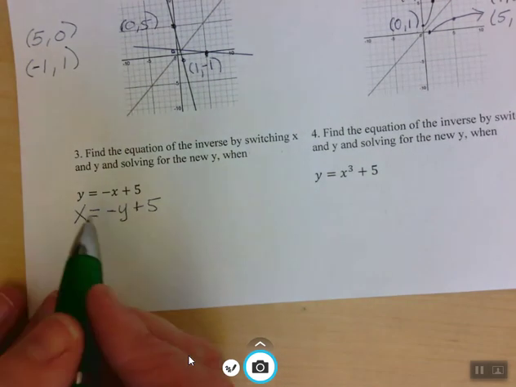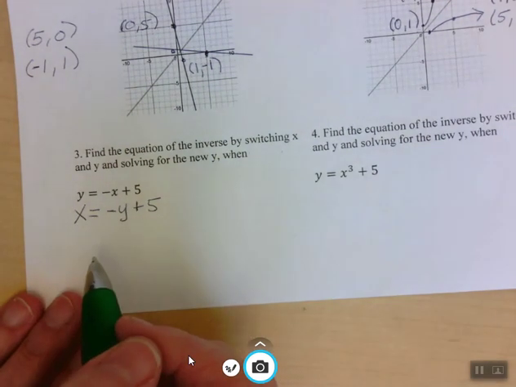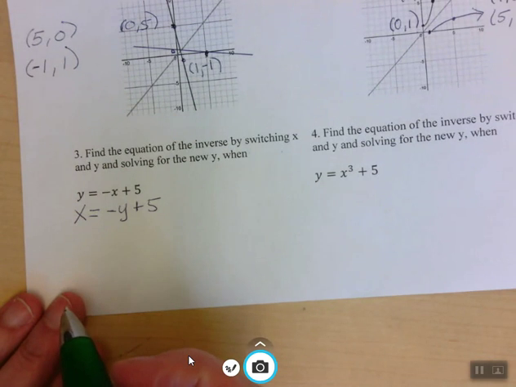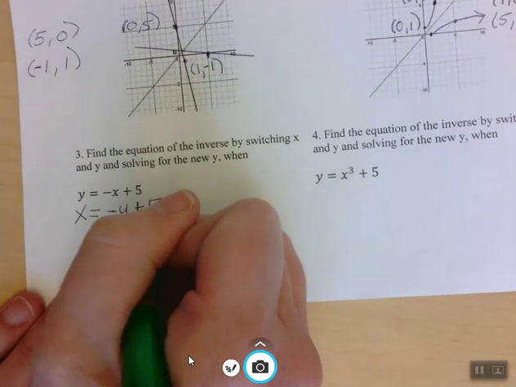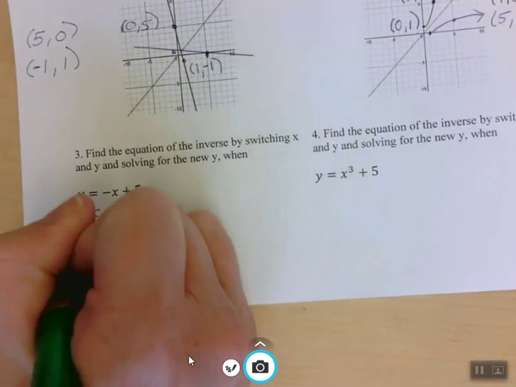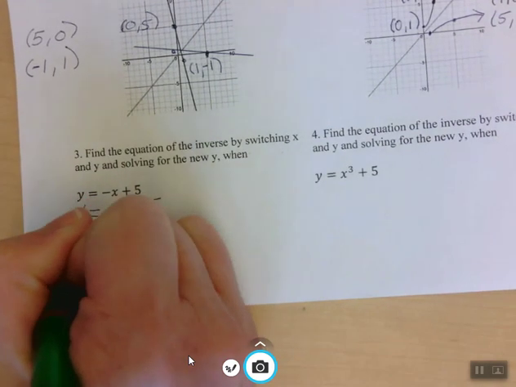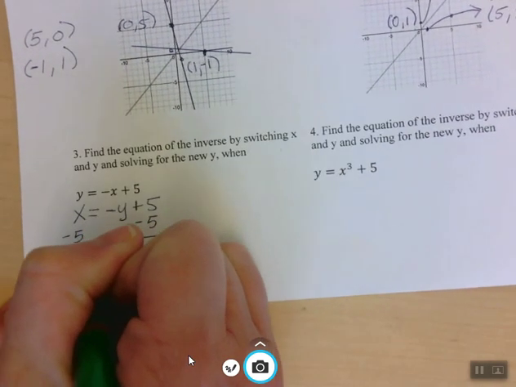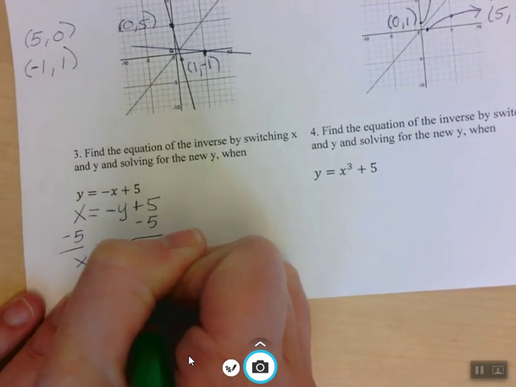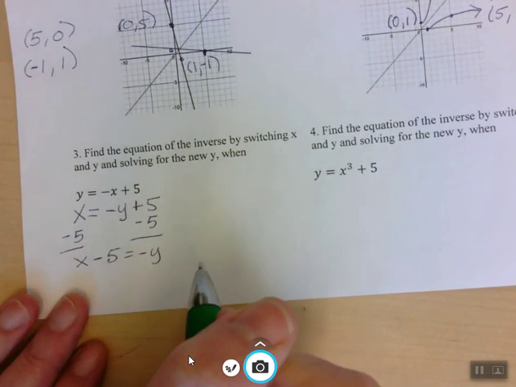Then I have to get the y by itself, so how can I get rid of the 5? Subtracting it would work. So x minus 5 equals -y.